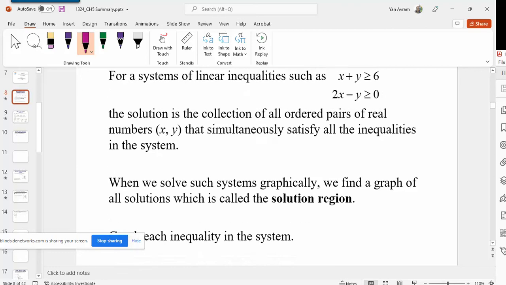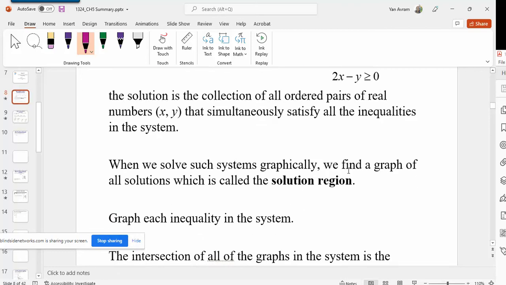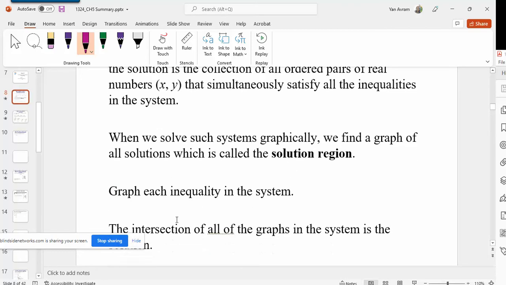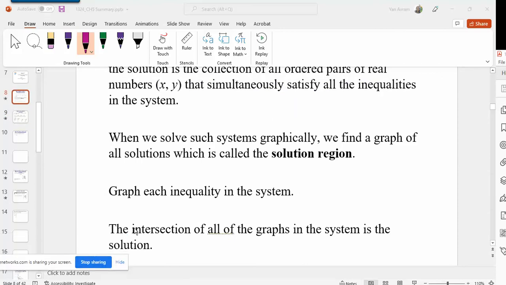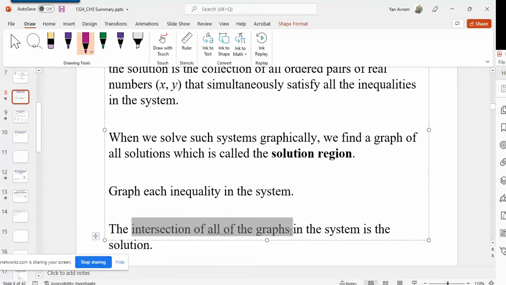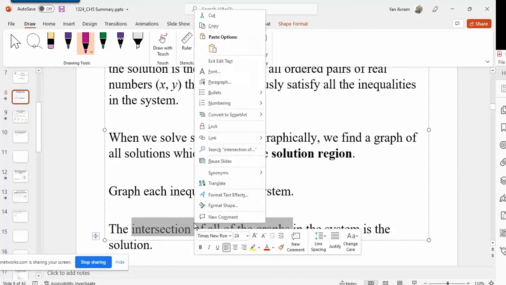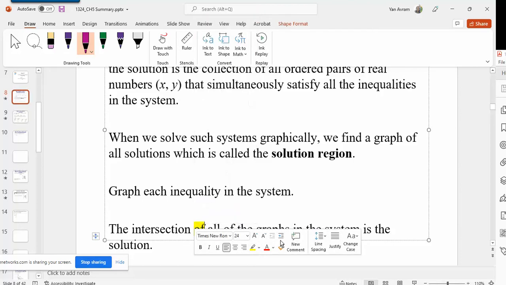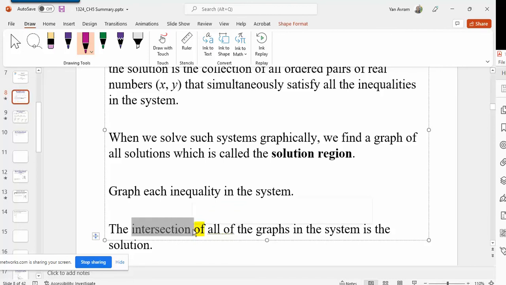Then the overlap section, the intersection of all the graphs in the system, is the solution.